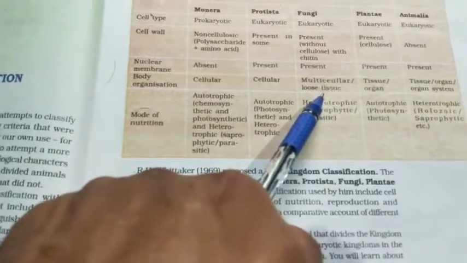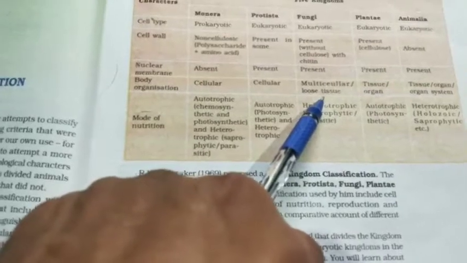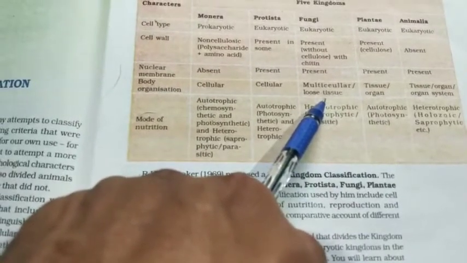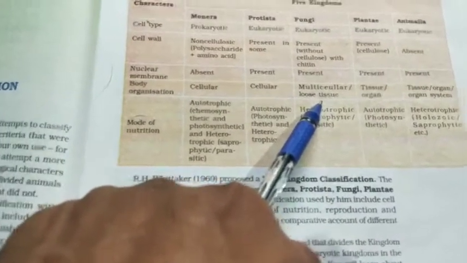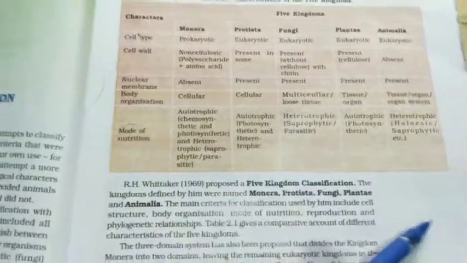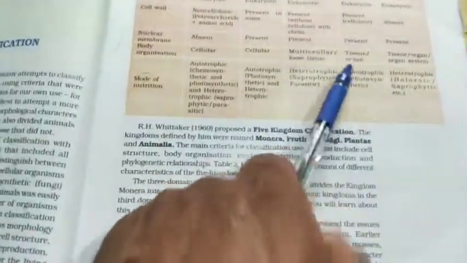While in fungi, fungi are usually multicellular, and the tissue level of organization is there. It means some loose tissues are formed, which are formed from the association of many cells. While in case of plants, the organization is tissue.